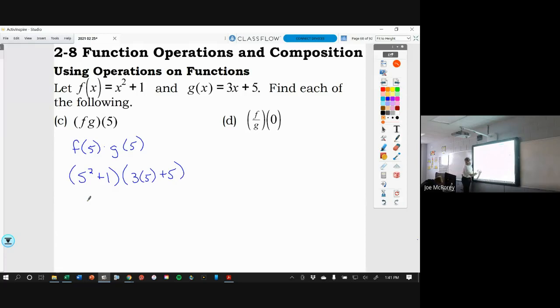Five squared plus 1 is 26, times 20. 26 times 2 is 52. Add a 0. You get 520.